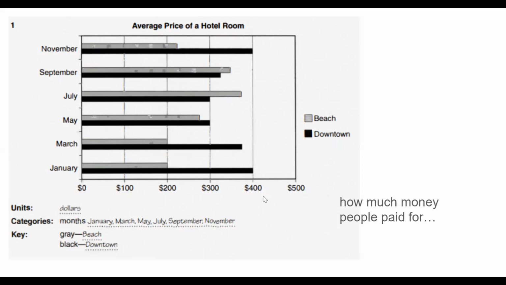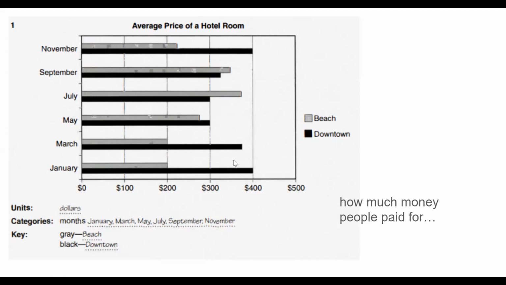Okay, right. So here I suggest you to look at units, categories, keys. Yeah, so it's all important to understand your graph properly. For example, here we'll give an average price, hotel room, right? So you need to know how to paraphrase it, right?